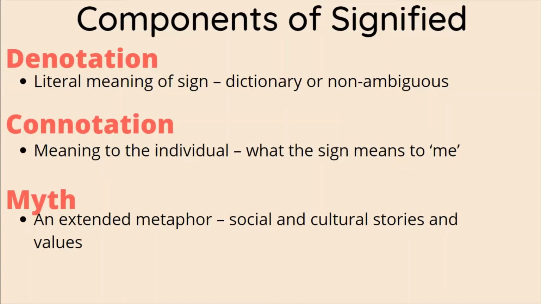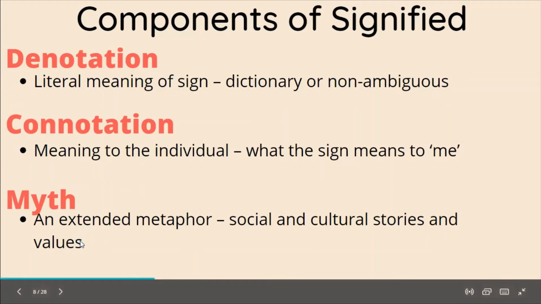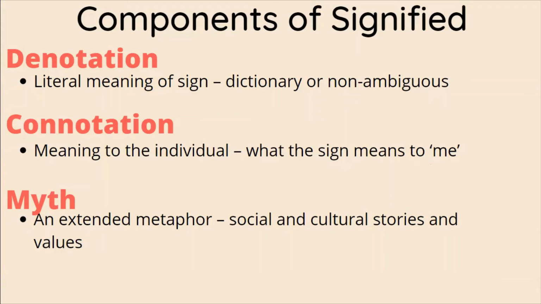Then connotation, the meaning that you create based on your own opinion, or what the sign means to me. That is what you do when you interpret an artwork. And then myth, which is an extended metaphor. Social and cultural stories and values may affect your interpretation of the myth.